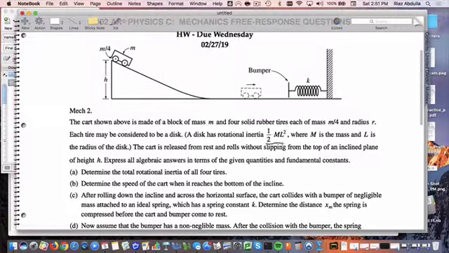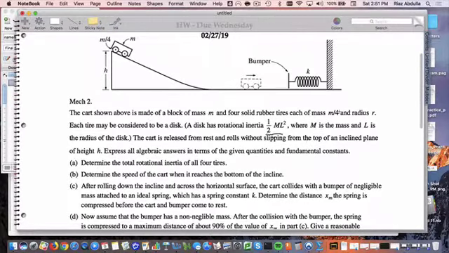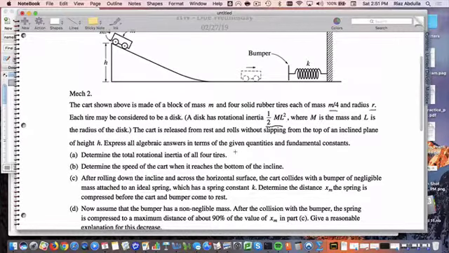So this is one tire, and we want to figure out the rotational inertia of all 4 of the tires. Now each tire has a mass m/4 and a radius r. So let's just note here that capital M in the formula should be m/4 when we substitute, and L in the formula should be the radius r.